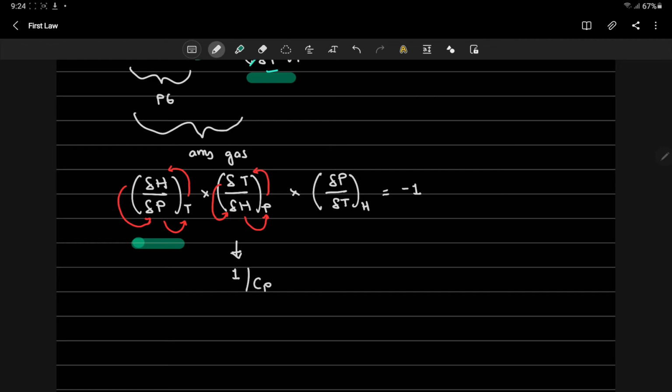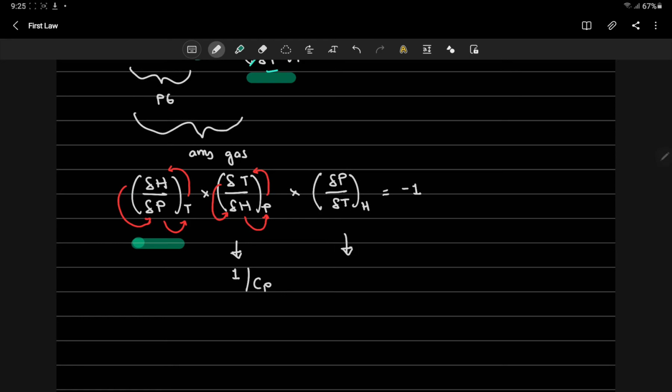Tama ba? Kasi ang heat capacity, remember, it's partial of h with respect to t at constant p. Right? So, reciprocal siya ni heat capacity. Constant pressure heat capacity.